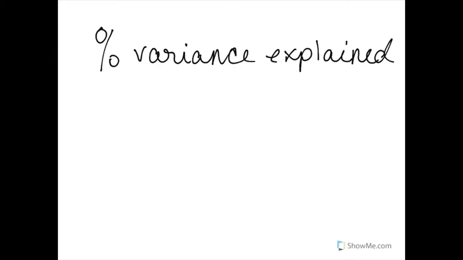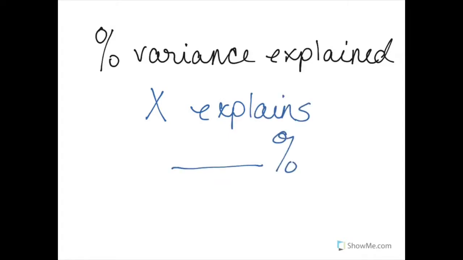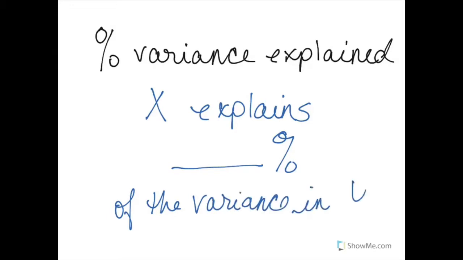Now I'm going to simplify this. You take the PRE measure, and here's the generic interpretation. You say X, then insert the word explains, then whatever the PRE value is, and say of the variance in the dependent variable.